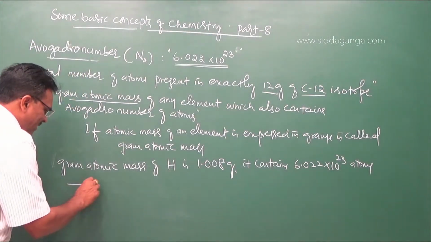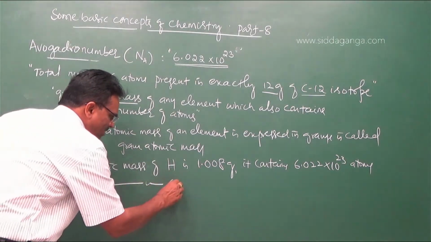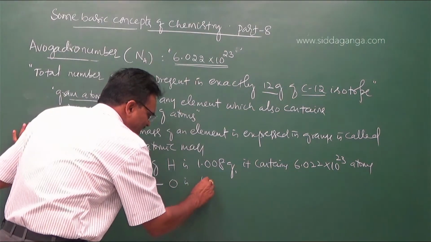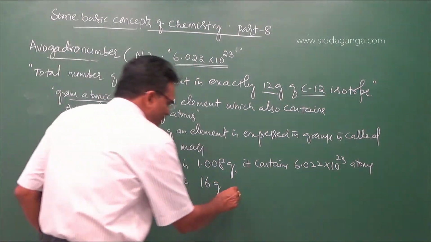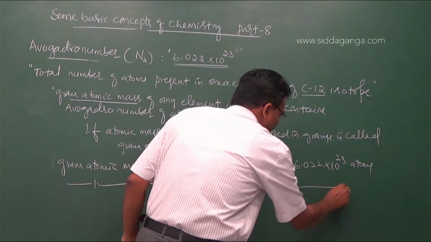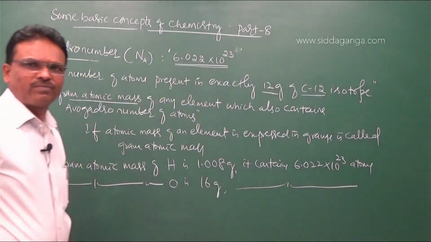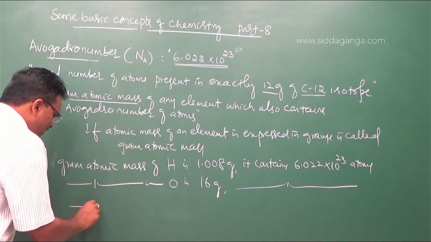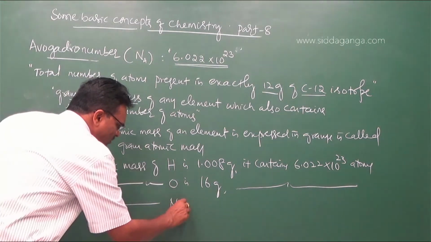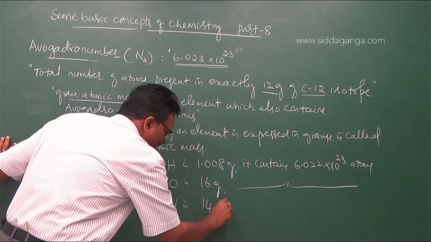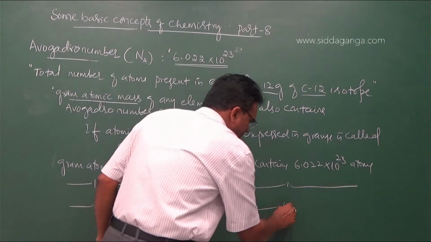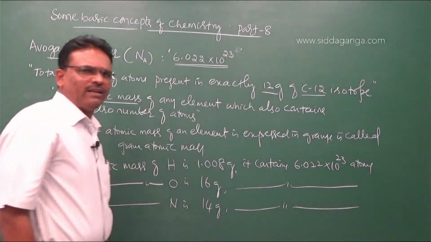Gram atomic mass of oxygen is 16 gram. So it also contains Avogadro number of atoms. Gram atomic mass of nitrogen is 14 gram. It also contains Avogadro number of nitrogen atoms.